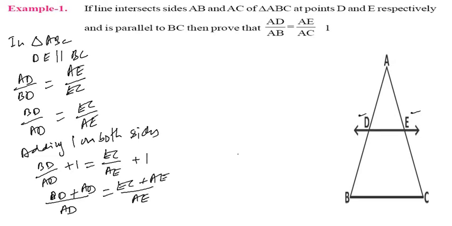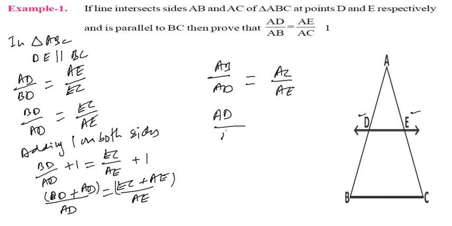As you know, BD plus AD is AB, so you have to write AB upon AD is equal to EC plus AE, that is AC, upon AE. Now reverse this one. So we have to write AD upon AB is equal to AE upon AC, and hence proved. It is very important and very easy.